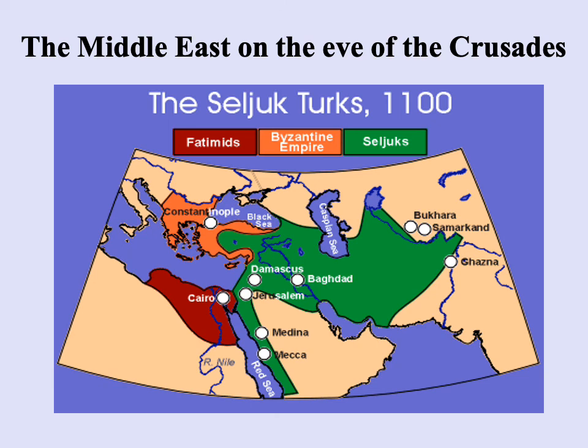I want to mention one last thing before we end this particular lecture, setting things up for the next one in the sequence. It might surprise people to know that even as of this point, hundreds of years after Islam began, the vast majority of people in the Middle East are still not Muslim. We mentioned earlier this idea of people being forcibly converted, greatly exaggerated.